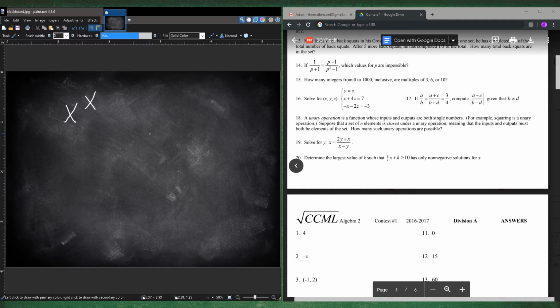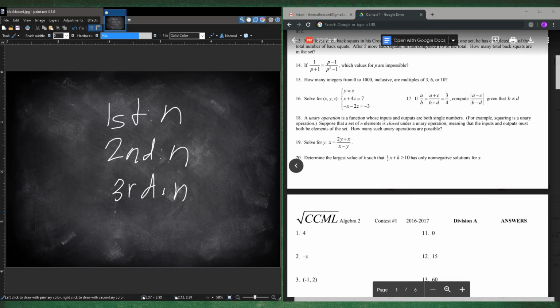One way to think about it is that every single input has n possible outputs. Since you have n inputs, the first input has n possible outputs, the second input has n outputs, the third has n, the fourth has n, and as you go up to the nth, you have n to that power.